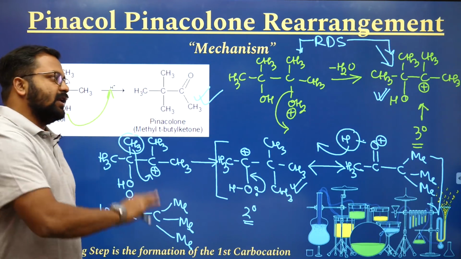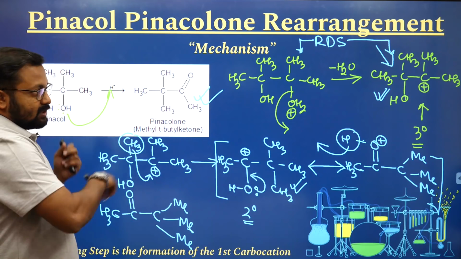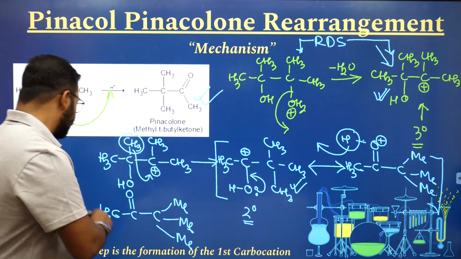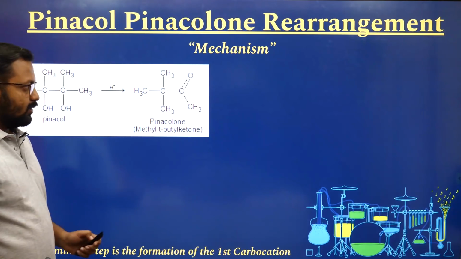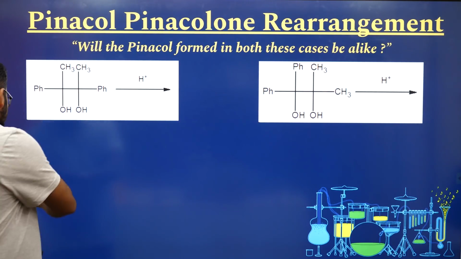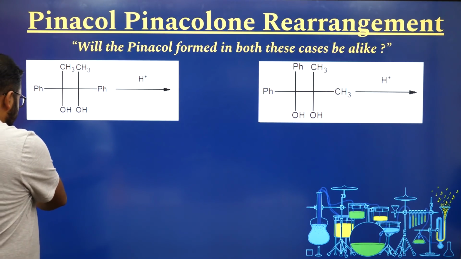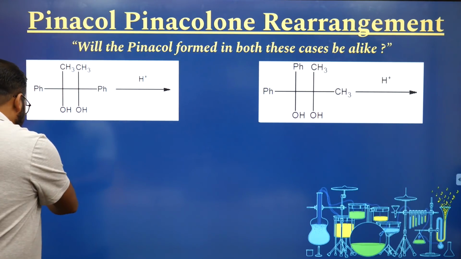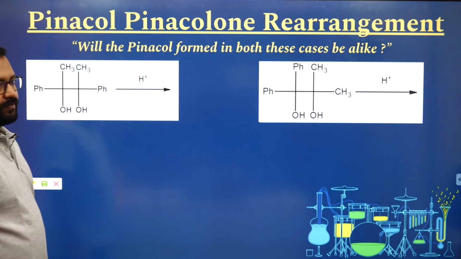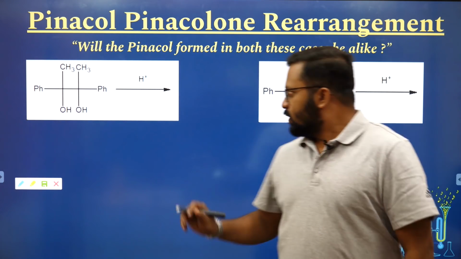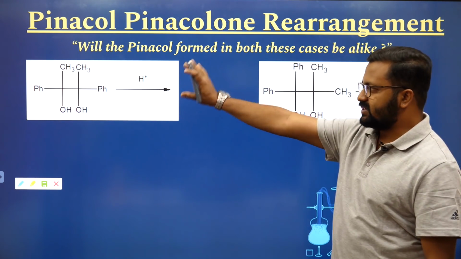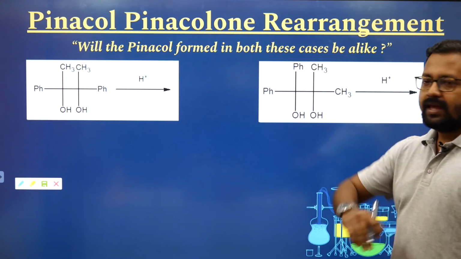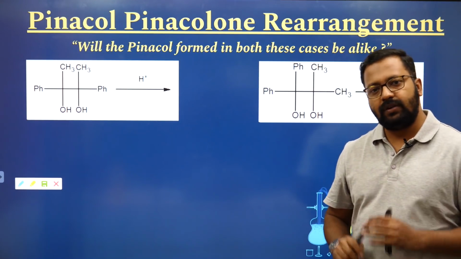ठीक है? Let's learn it in a different manner. Let's look at the application of this. So, इसको समझने के लिए कि rate determining step ये ऐसा है क्यों, let's try to solve this question. So we have a vicinal diol, and both of these are being made to react with H plus ion.